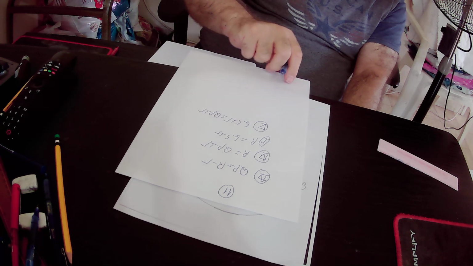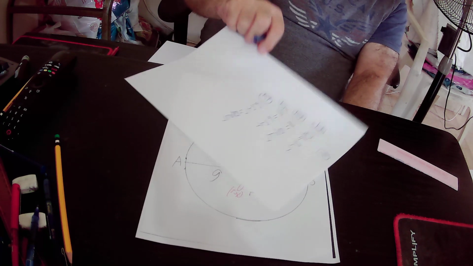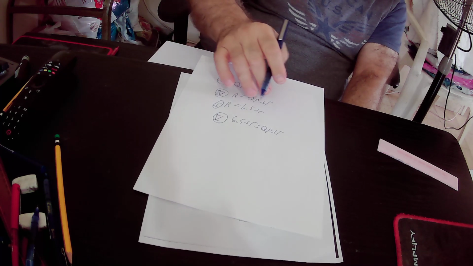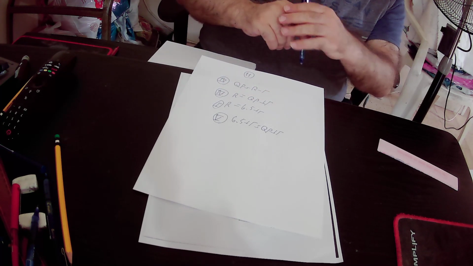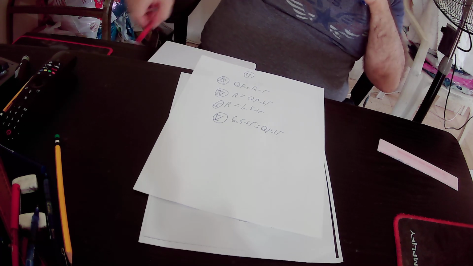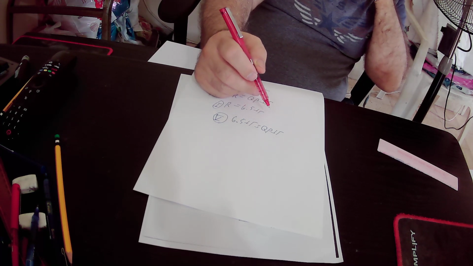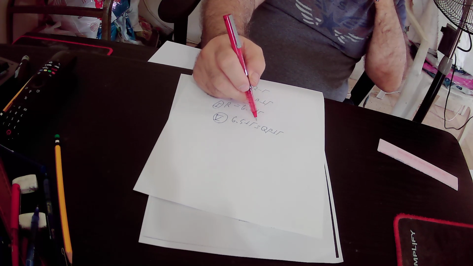Okay, we got equation number 5 that states that 6.5 plus r equals QP plus r. Here we have r on this side of the equation and we have r on the other side of the equation, so we can cancel r.